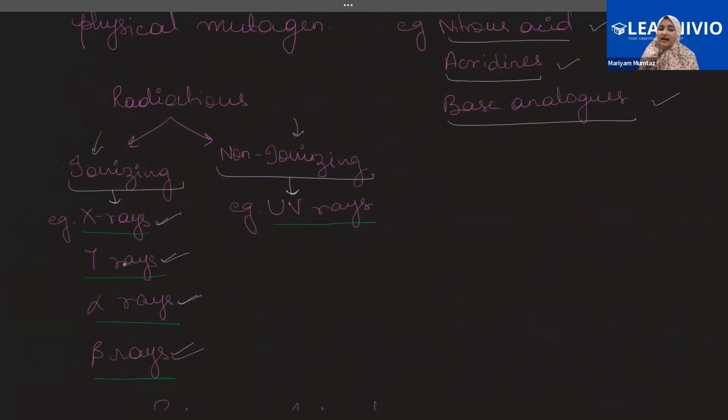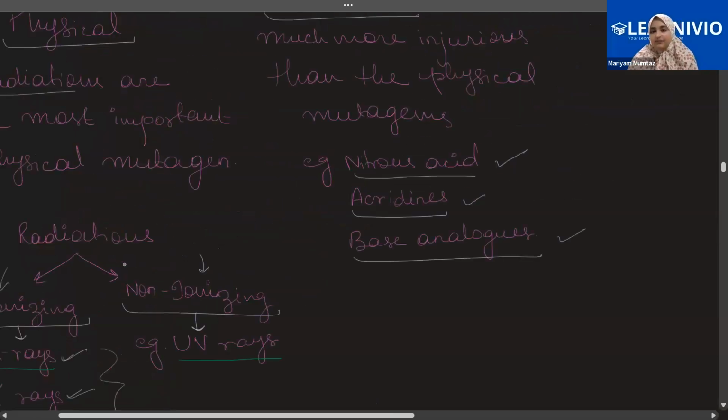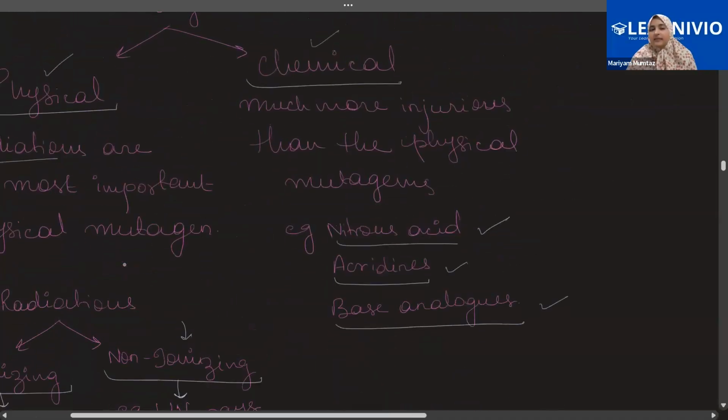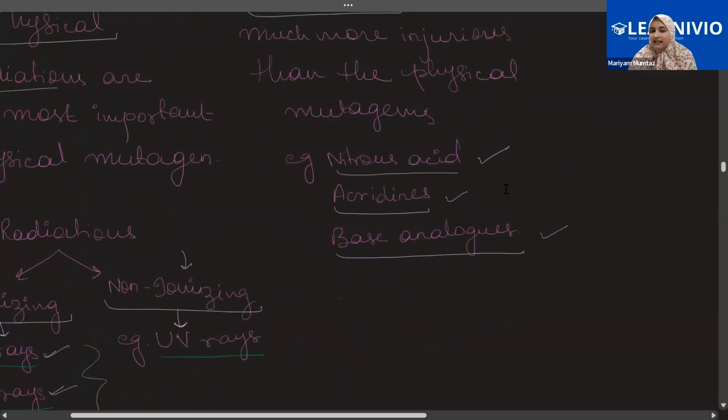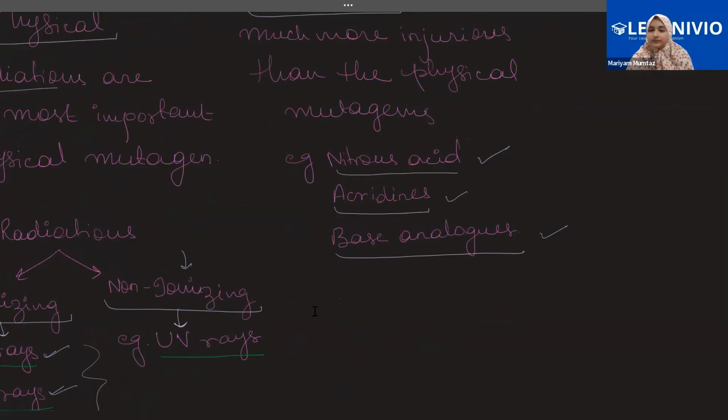So X-ray, gamma ray, alpha ray, beta rays, all these rays are ionizing radiation, whereas UV rays are non-ionizing radiation. Talking about the chemical mutagens, they are much more injurious than the physical mutagens, such as nitrous acid, acridines, base analogs. These are the names of certain chemicals which have the potential to cause mutation. Clear?